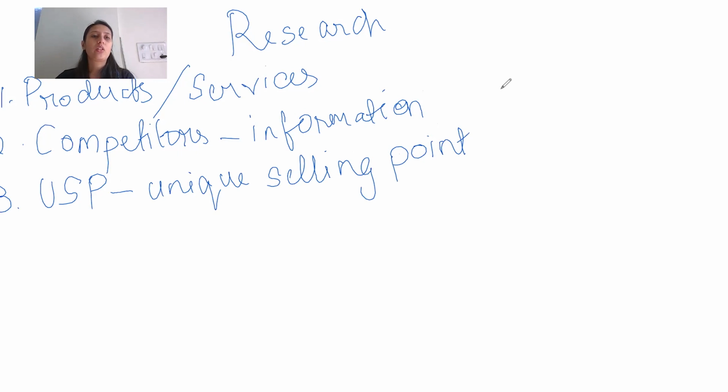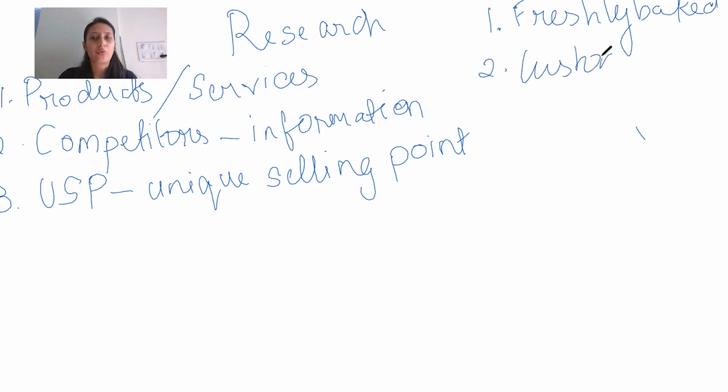I have a cake store, and what would be the USPs of it? Maybe I am giving freshly baked products. I will customize your products according to your will. I have innumerable flavors in my products. So these are the selling points to my audience.